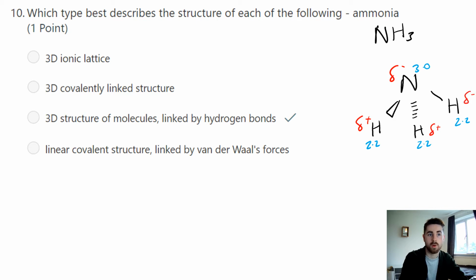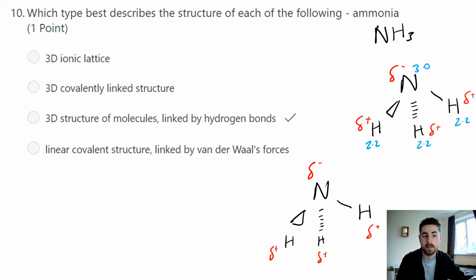So if we've got two adjacent or nearby ammonia molecules, so if I draw another one down here, and I show the same dipole being formed because it is a permanent dipole, so the nitrogen is partially negative and the hydrogen is again going to be partially positive.